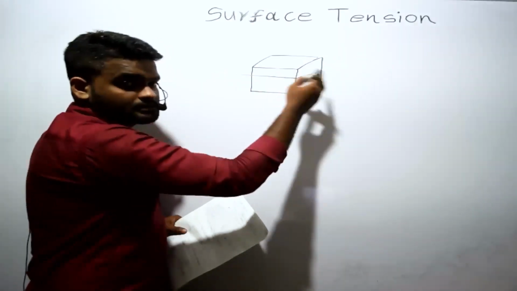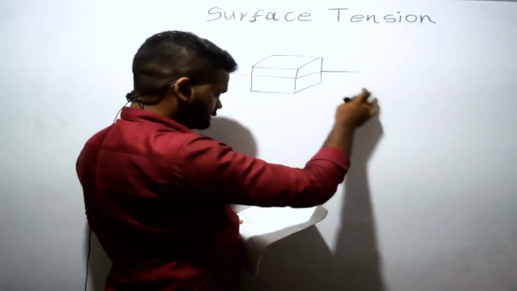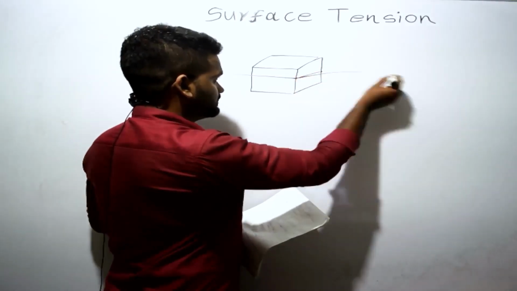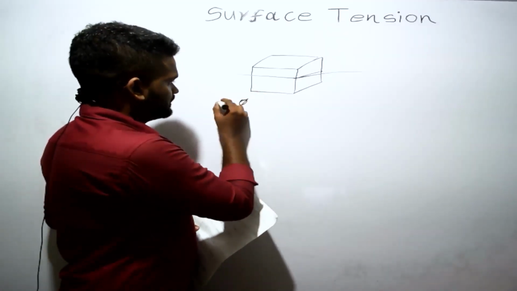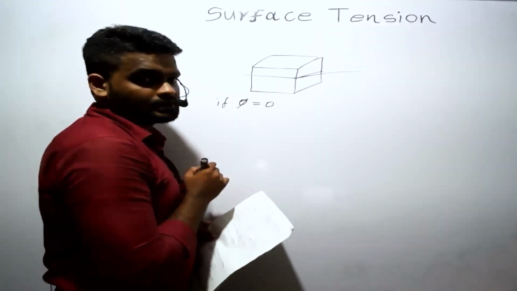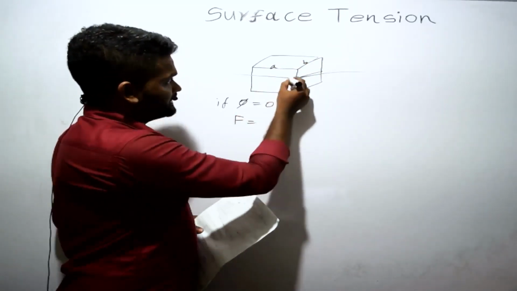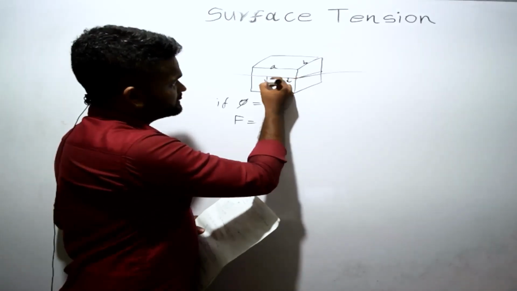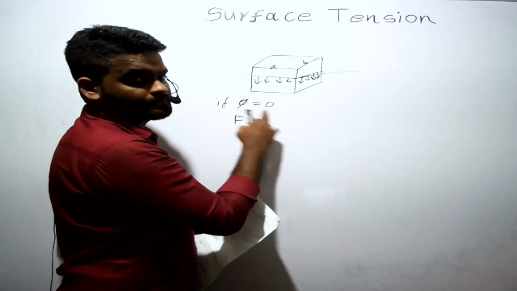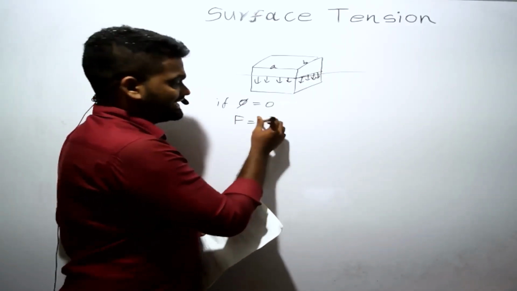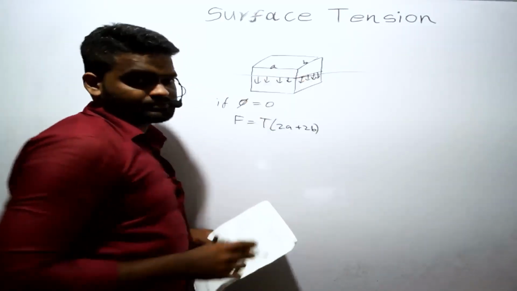Here let's say this part is immersed. Let's say this is 0 and this length is A, this length is B. So how do we get here as well? There are surface tension forces, downwards, because phi is equal to 0. So what do we get? T times length. Length is 2A plus 2B.